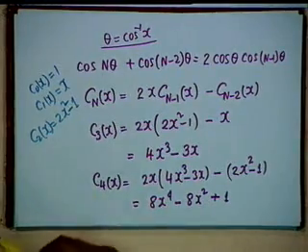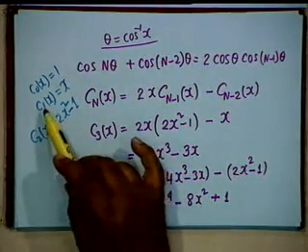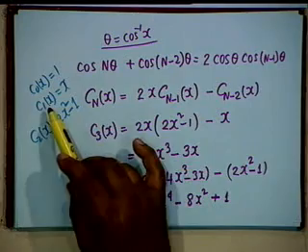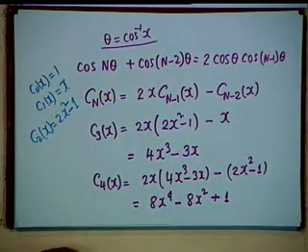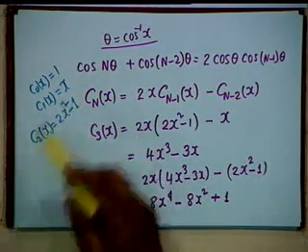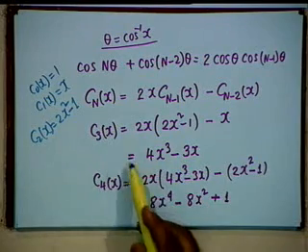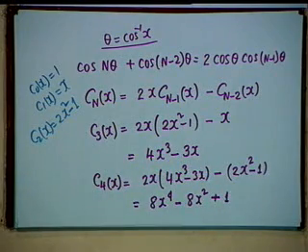Agreed? You notice a pattern, that is, if the order is odd, then the polynomial itself is odd, right? C1 of x is x, C3 of x is 4x cubed minus 3x, so it is an odd polynomial.